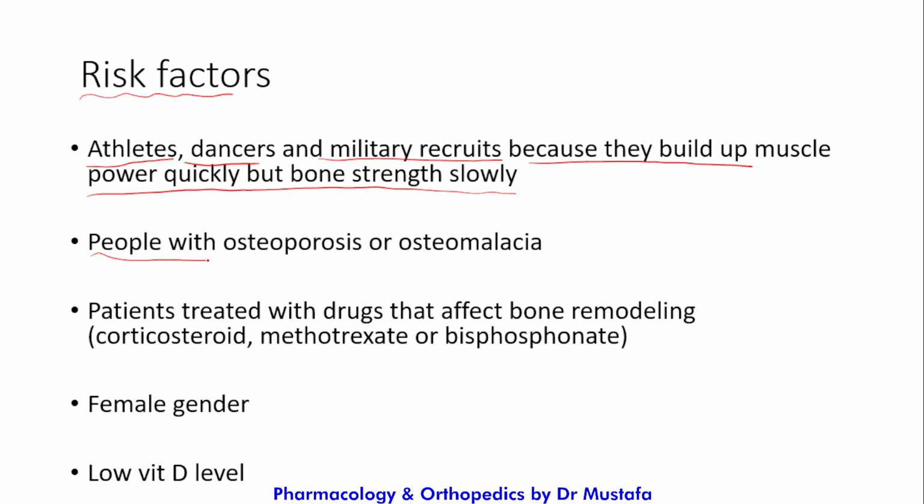Also people with osteoporosis or osteomalacia, and patients treated with drugs that affect bone remodeling, for example corticosteroids, methotrexate, and bisphosphonates. And the female gender is more susceptible to these fractures, and low vitamin D levels also.